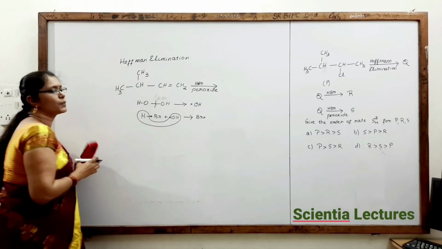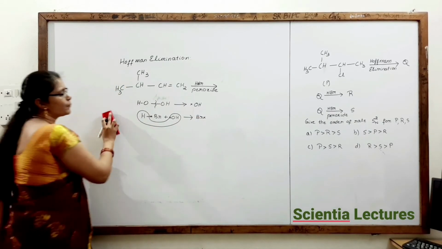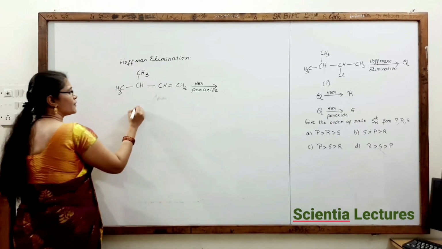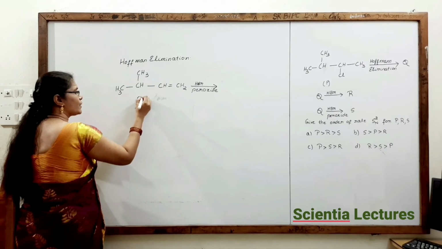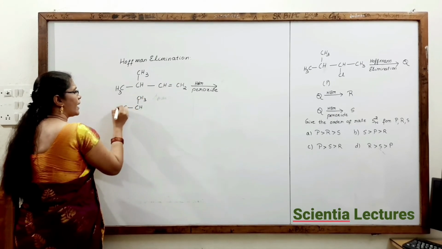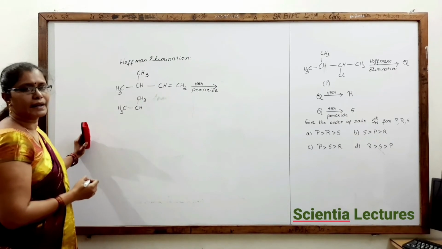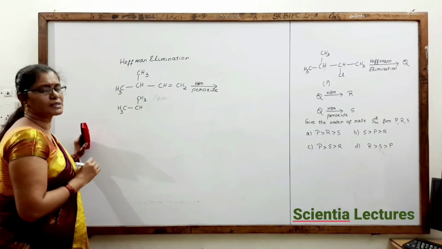So the mechanism is with bromine free radical. When bromine free radical attacks an alkene, we can observe what kind of changes it will undergo, and it undergoes anti-Markovnikov rule or Kharasch effect or peroxide effect.